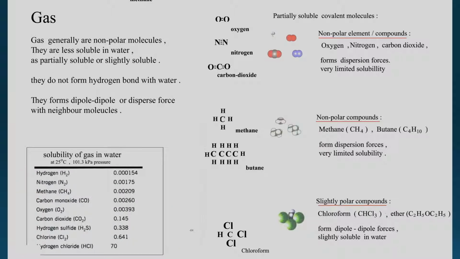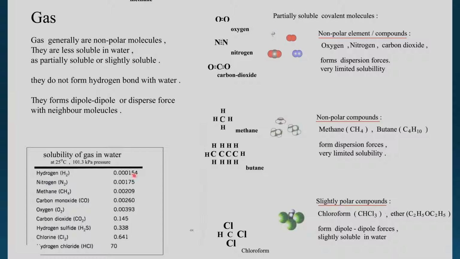On this table, there is some solubility of gases in water. As you see, hydrogen, how soluble is it? That much. I give you a soluble example, like HCl. This is soluble. If you compare HCl with hydrogen gas, you can see how soluble they are.